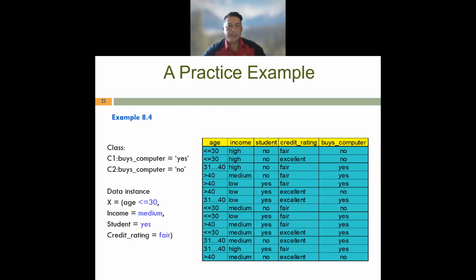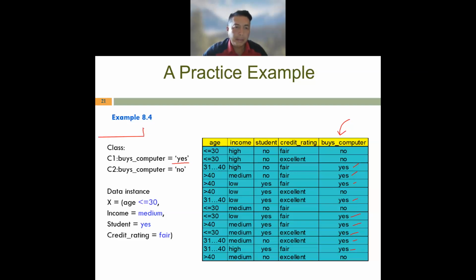In this example, we have this class. The probability of class one, which is yes: how many yes do we have? 1, 2, 3, 4, 5, 6, 7, 8, 9.